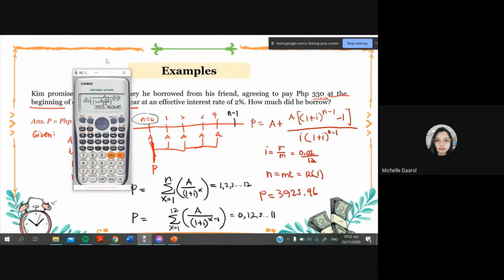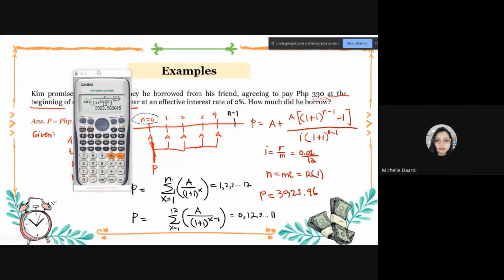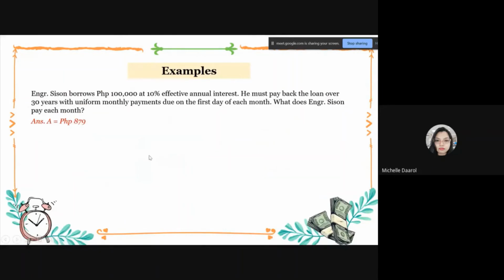None? Okay, let's proceed. So engineer Season borrows 100,000 at 10% effective annual interest. He must pay back the loan over 30 years with uniform monthly payments due on the first day of each month.